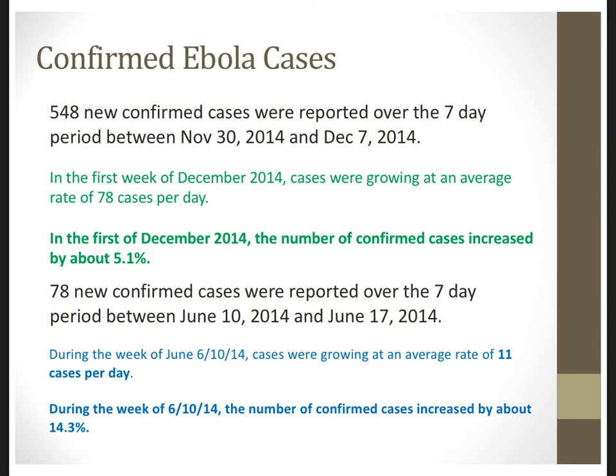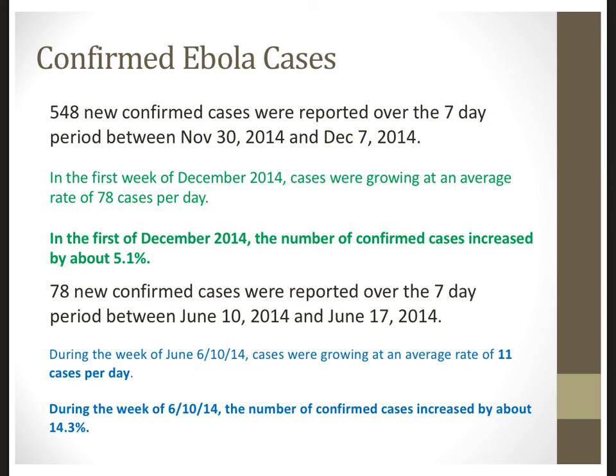So this 78 cases was actually quite significant compared to the fact that about 500 cases had only been confirmed up to that point. So that's a pretty significant jump percentage-wise compared to when there were over 10,000 reported cases on November 30th.